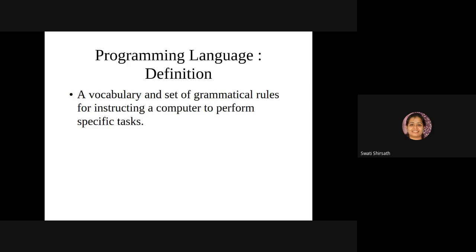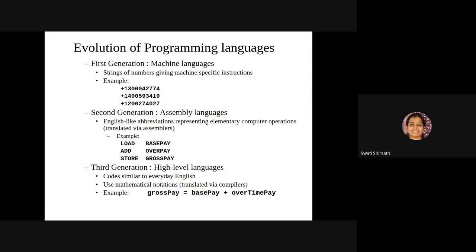We give some instructions to the machine, not exactly in machine language, but kind of instructions that are understood by the machine and can be understood by humans also. So we call a programming language a set of instructions, syntaxes or rules that we give to the machine.